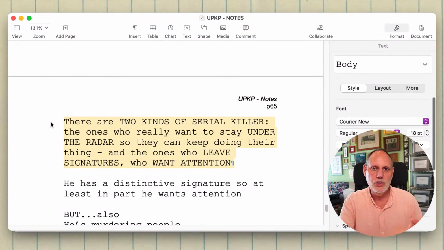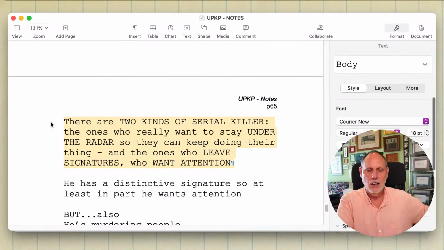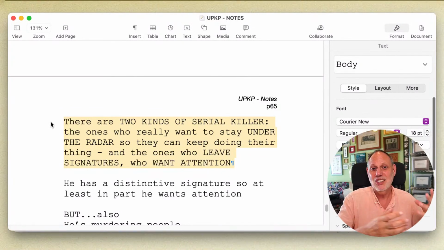There's two kinds of serial killer. There are certain serial killers who they discover, and they're doing this more and more now because of DNA evidence. They're catching people who worked as serial killers like it's a great job.